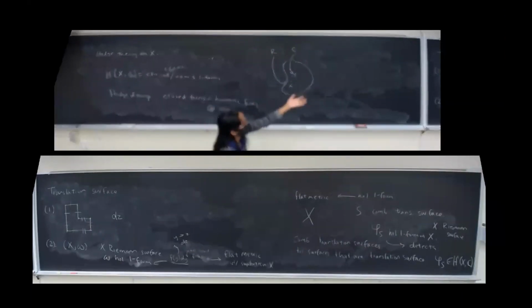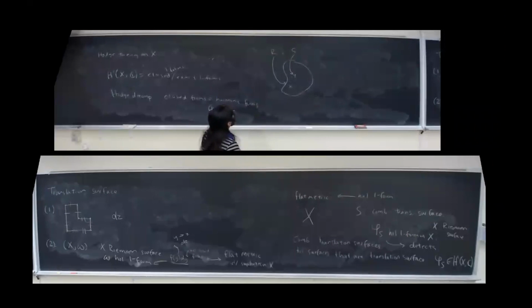That's the difficulty that I explained. But if R and S are actually combinatorial translation surfaces, then I can do the following. Since X and Y are close in moduli space, I have a quasi-conformal map between them.